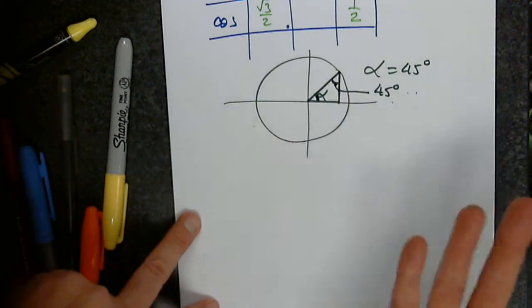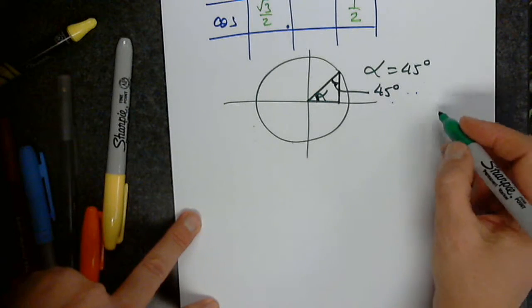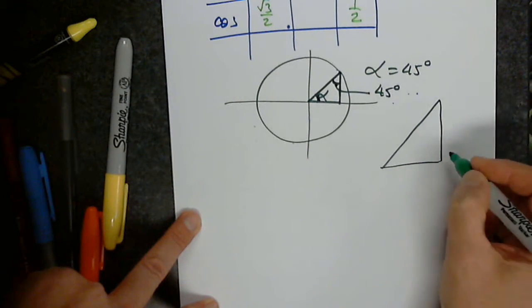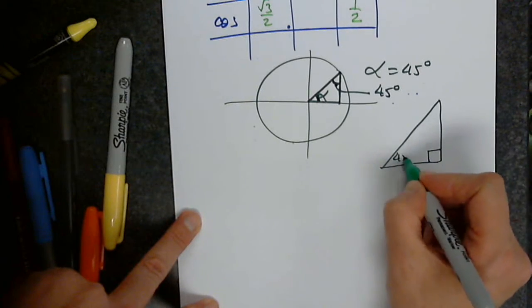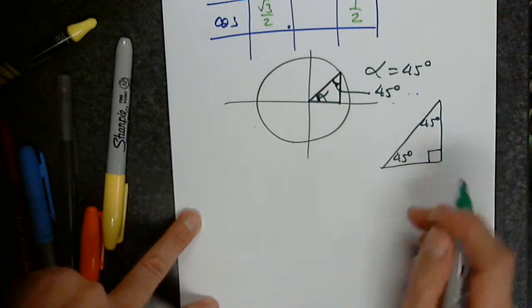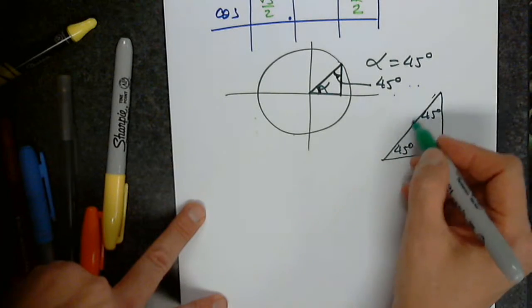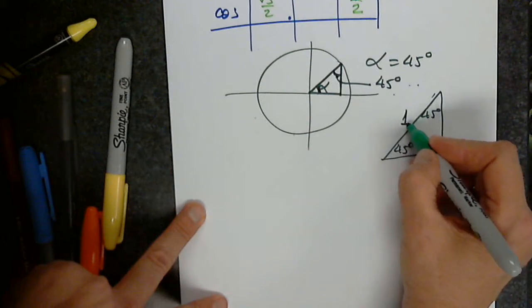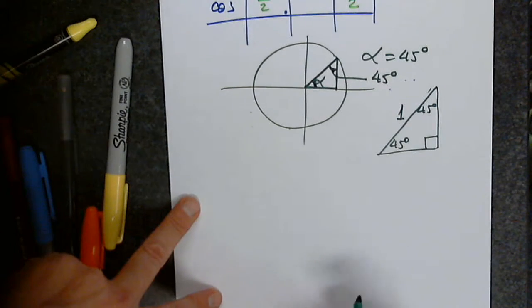So then I will remove that triangle from there just to enlarge it. If this is a right triangle and this is 45 degrees and this is 45 degrees, how much is this? 1. It's the hypotenuse in the unit circle.